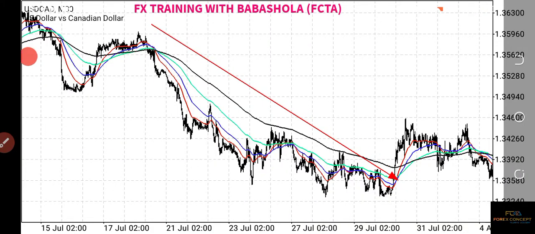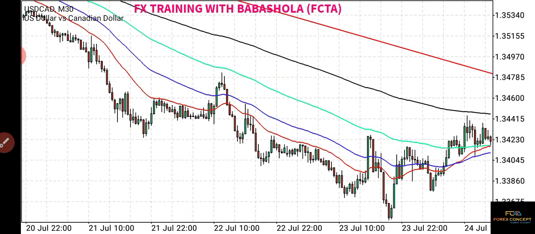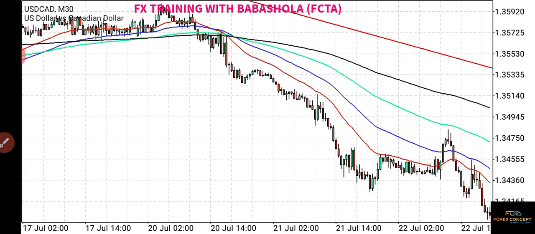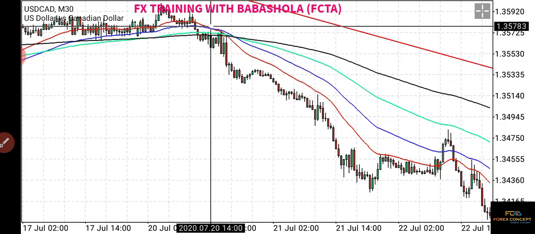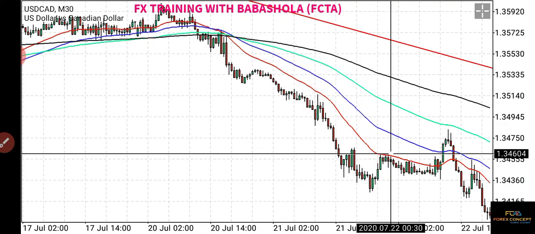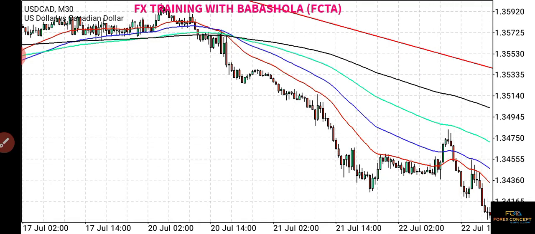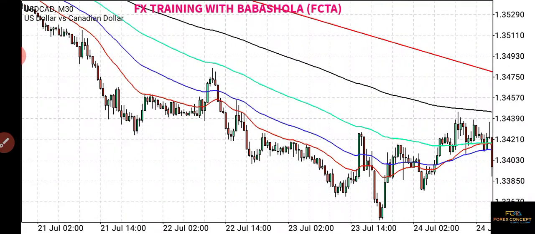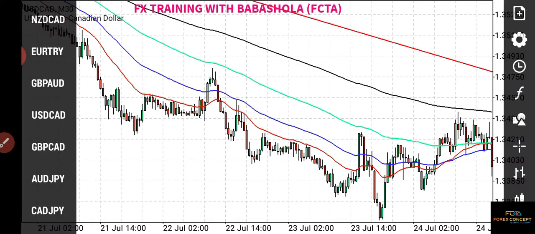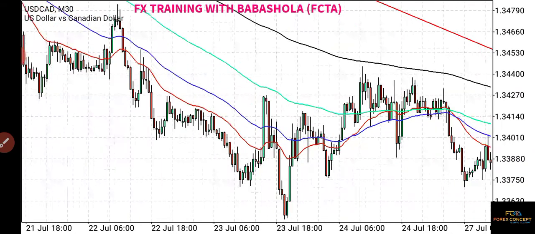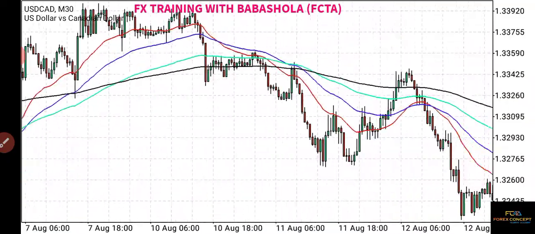The market at this particular stage is in a downtrend, and you can see that price is really below all four moving averages. So you can use moving averages to identify whether a market is in an uptrend or downtrend. In an uptrend, the price will be above the four moving averages, and in a downtrend, the price will be below the moving averages.